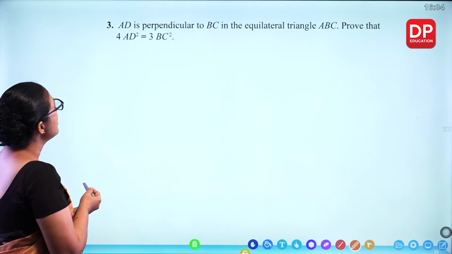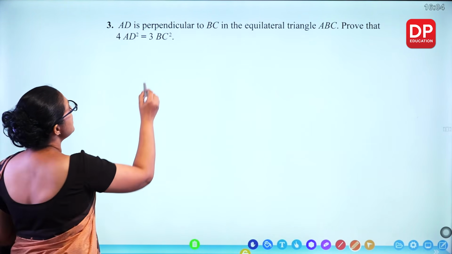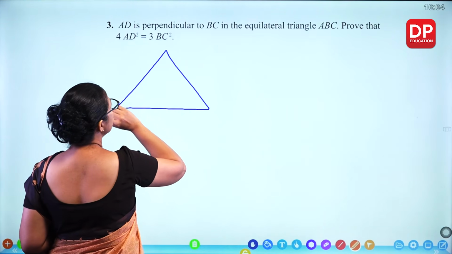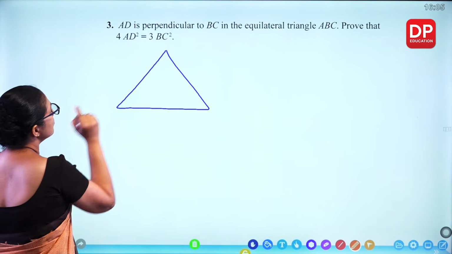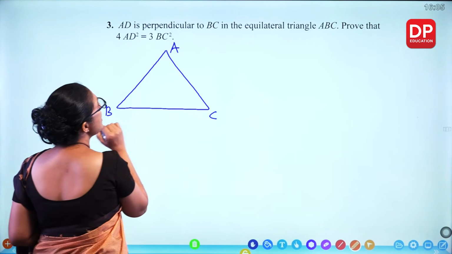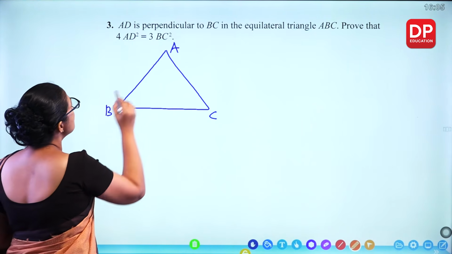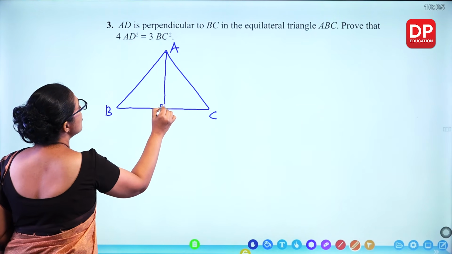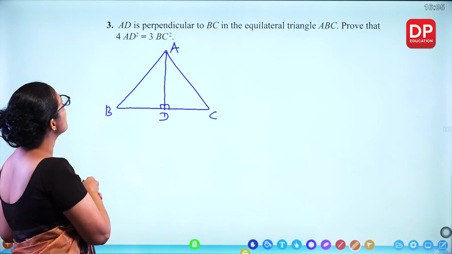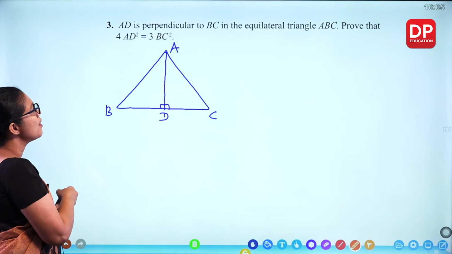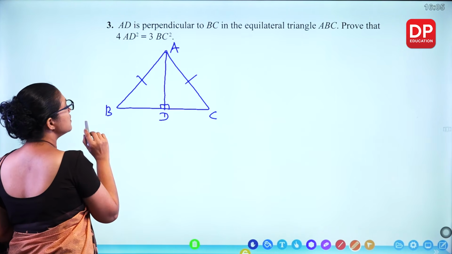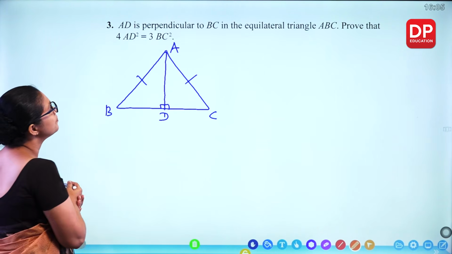Question number 3. AD is perpendicular to BC. This is an equilateral triangle ABC and AD is perpendicular to BC. Prove that 4AD squared is equal to 3BC squared. So all sides are equal. This is also equal.